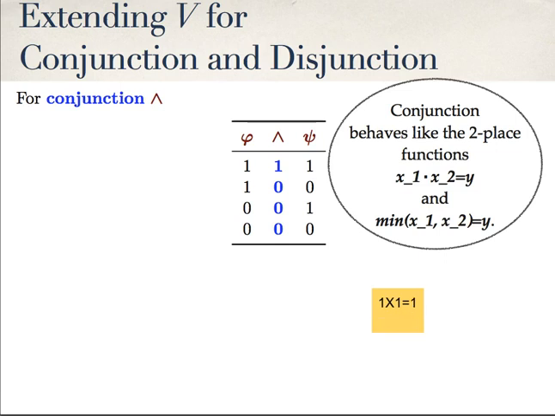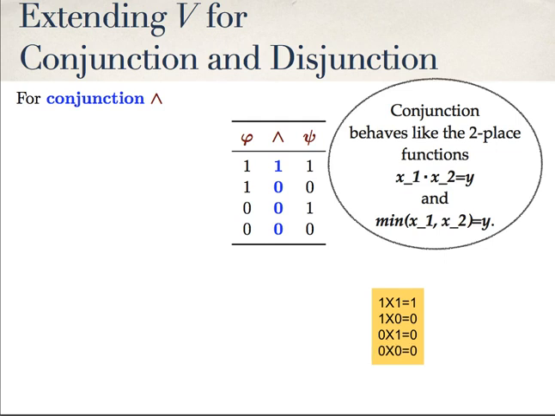If I write 1 times 0, what I get is 0. If I write 0 times 1, what I get is 0 again. And if I write 0 times 0, what I get is 0 again.